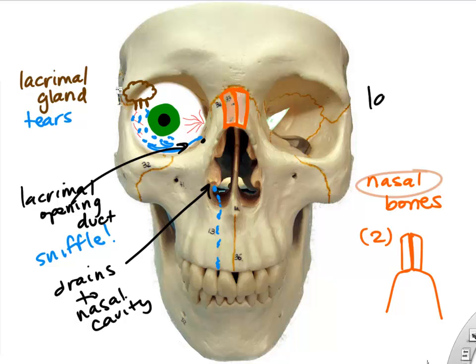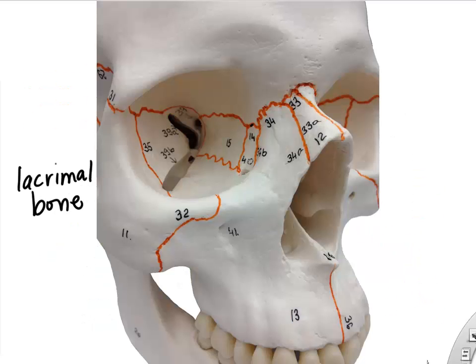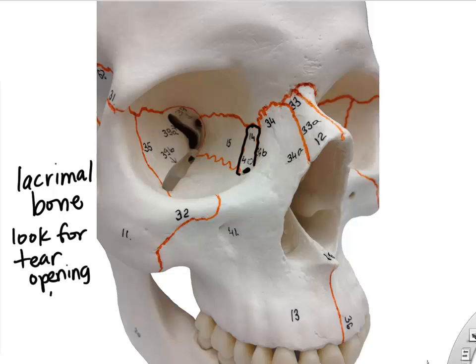And sometimes when you cry, you might get the sniffles. All right, well, back to the lacrimal bone. So the lacrimal bone is located right there in the medial portion of the orbit, and it's got a little hole in it. So if you're looking for the lacrimal bone, look for a sort of small rectangular bone with that little lacrimal opening for your tears. And again, it's found in the eye socket or orbit.